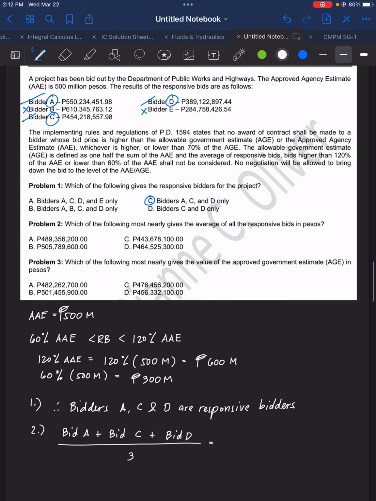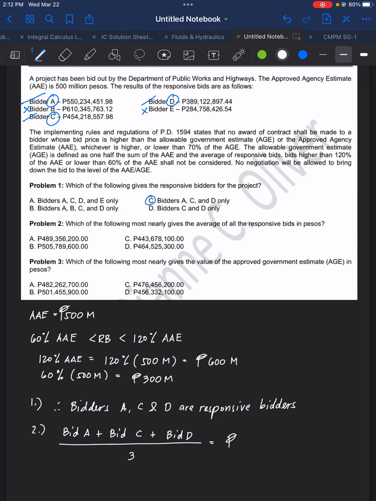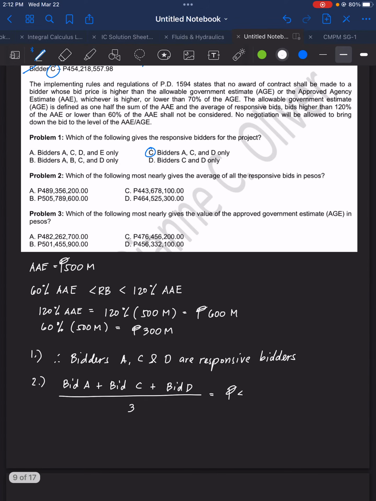So that's equal to 464,525,302.5 pesos. Okay.